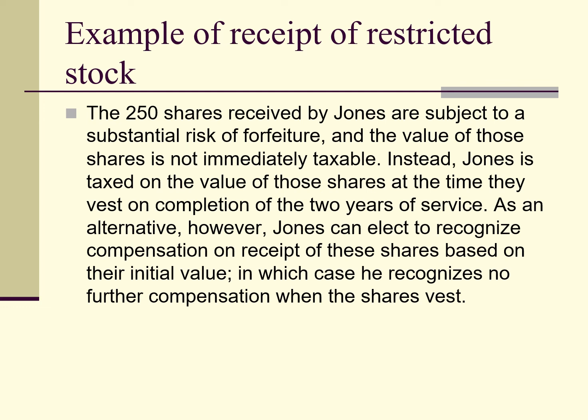Instead, Jones is taxed on the value of those shares at the time they vest on completion of the 2 years of service. As an alternative, however, Jones can elect to recognize compensation on receipt of those shares based on their initial value, in which case he recognizes no further compensation when the shares vest.